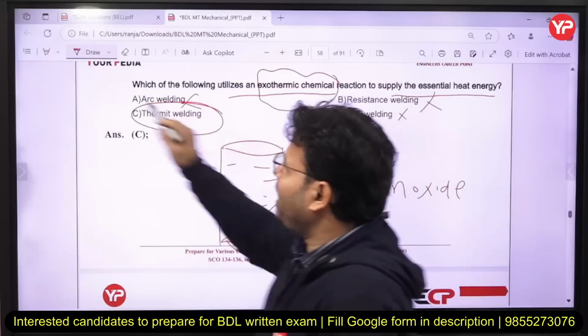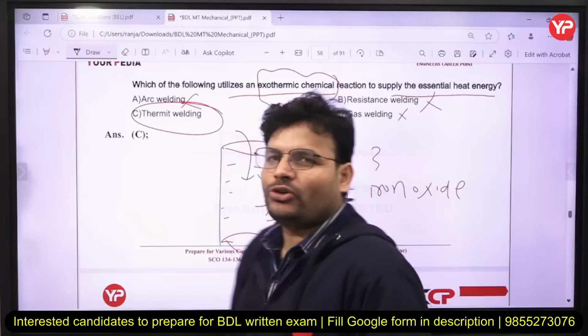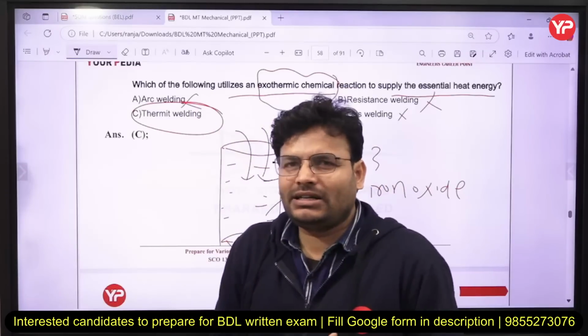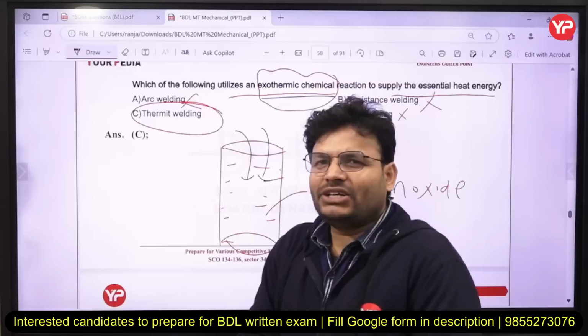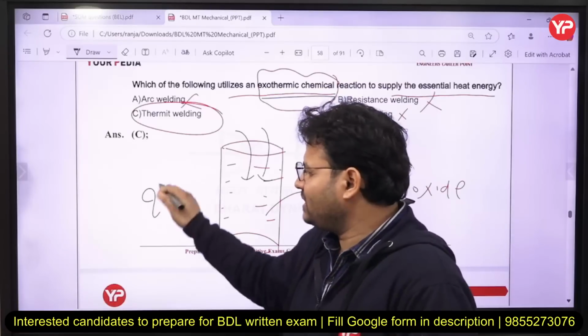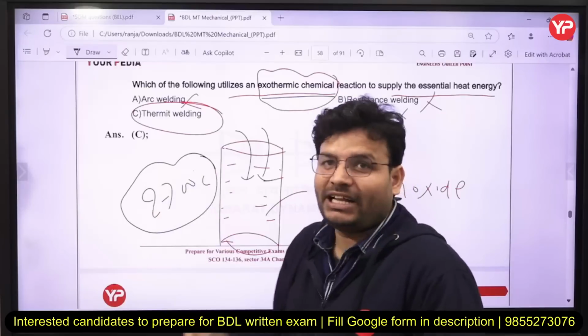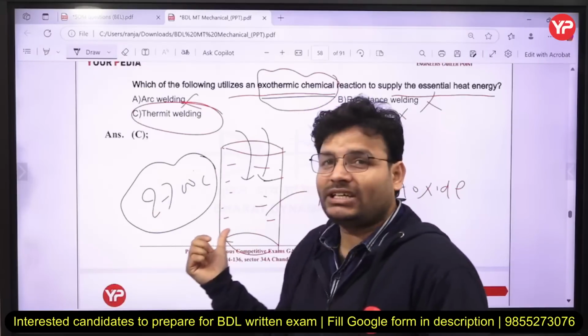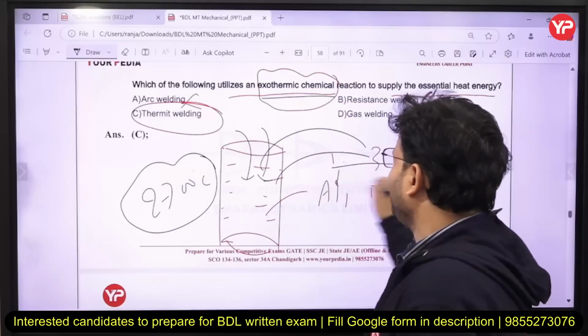You have to put the magnesium rod in that. As you put the magnesium rod in, the exothermic reaction starts. Due to that we get a huge amount of heat, approximately 2700 degrees Celsius. In this case your iron comes into the molten state, and then you pour it on the material which is to be welded.